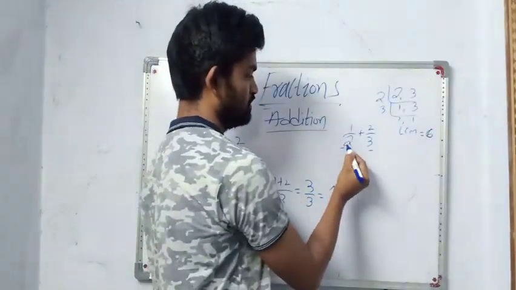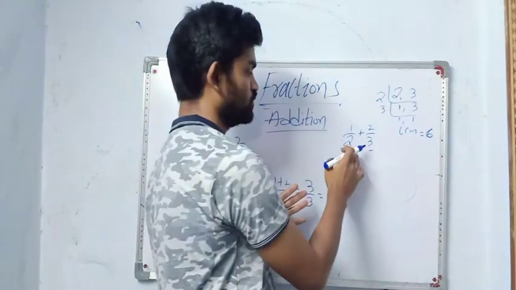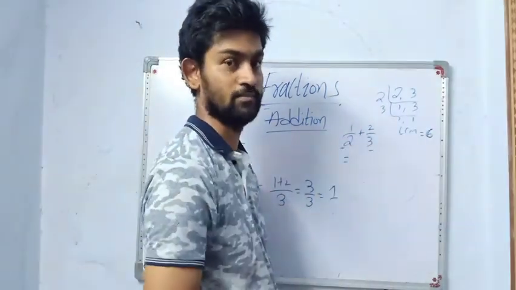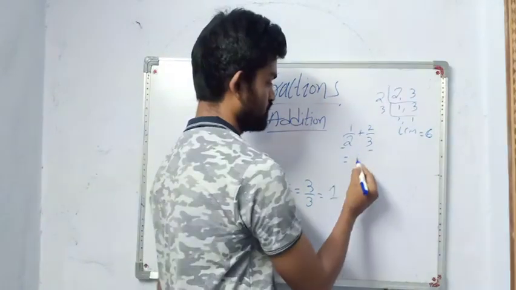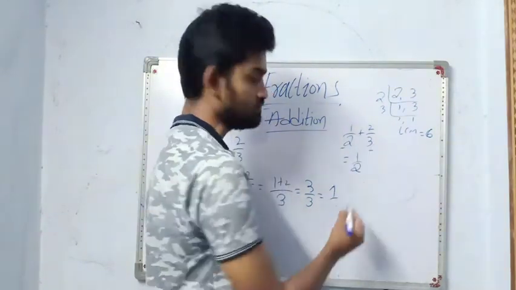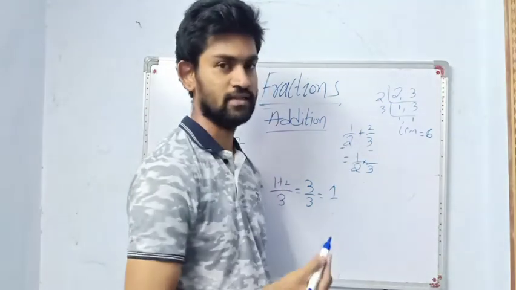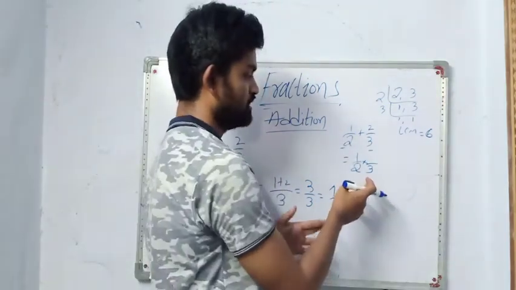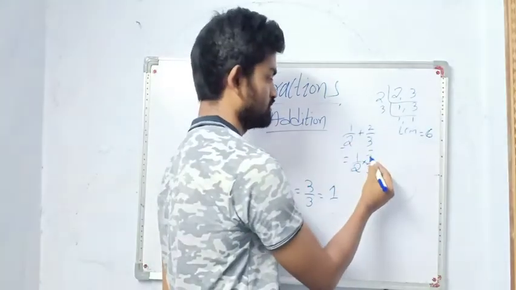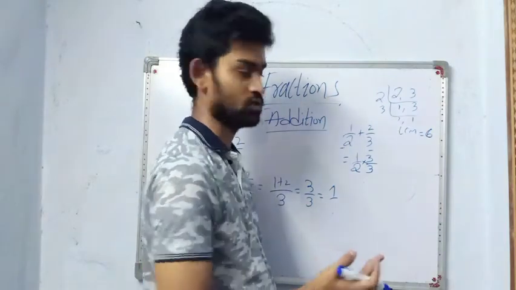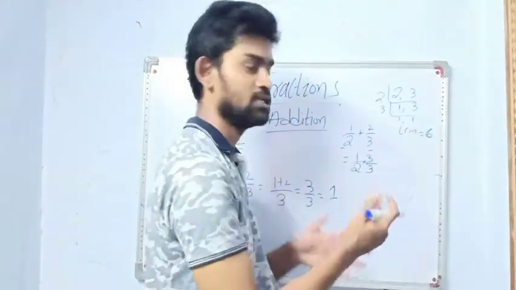Now, what is the denominator here? 2. Then we have to equate this 2 to 6. How can we equate? By multiplying with 3. So, 1 by 2 into 3 by 3. When you multiply the denominator with 3, you have to multiply the numerator also. Why? 3 by 3 how much? 1. So the value of the fraction doesn't change.